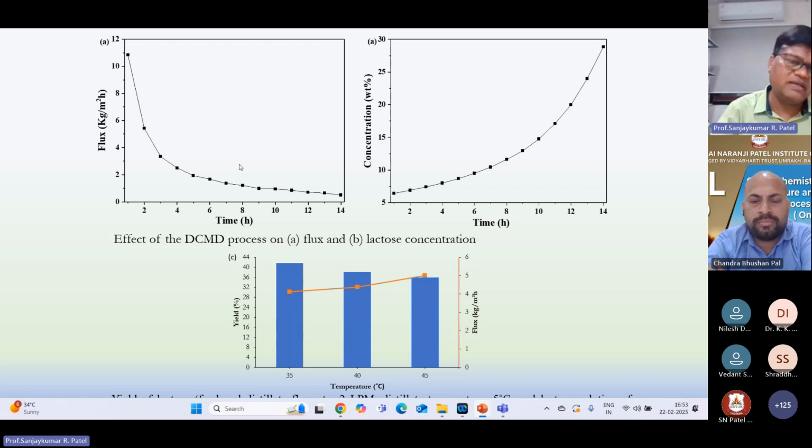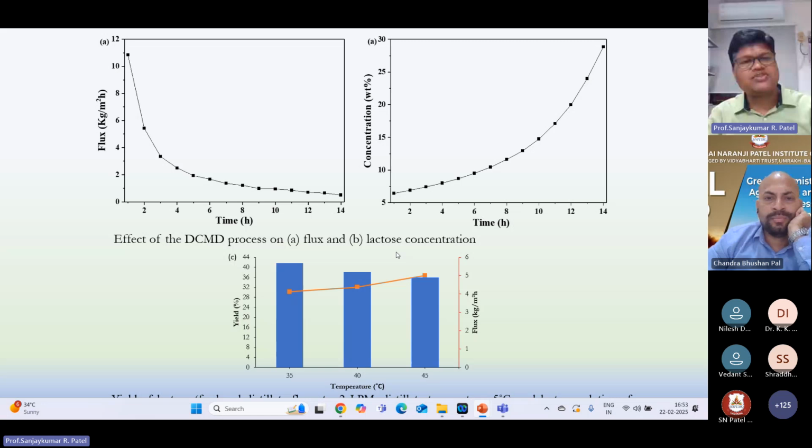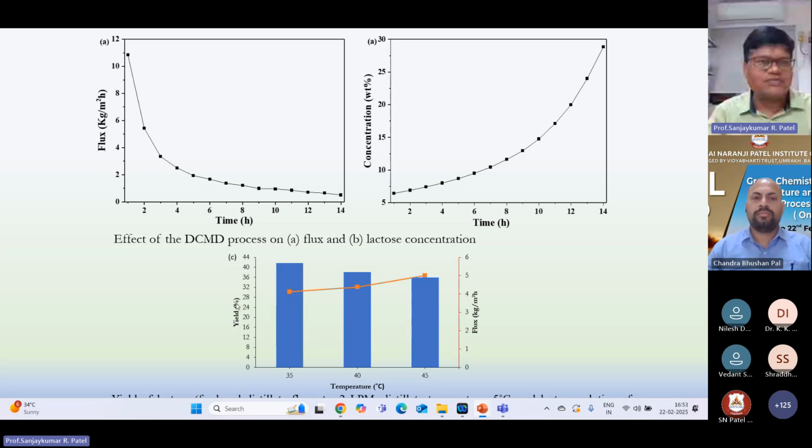So this is one of the ways by which we can create the supersaturation zone by clubbing membrane distillation with crystallization. With this, we also tried to recover the crystals at different fluxes, from 1 to 5. The fluxes were taken on the y-axis and the recovery of lactose on the x-axis.